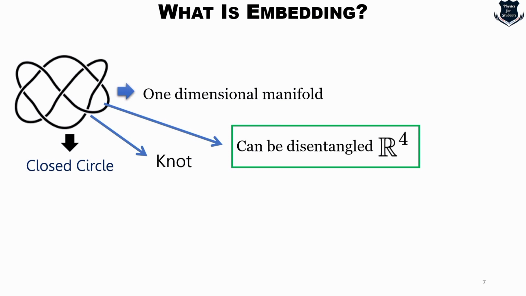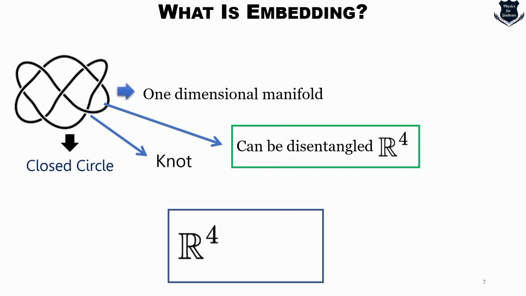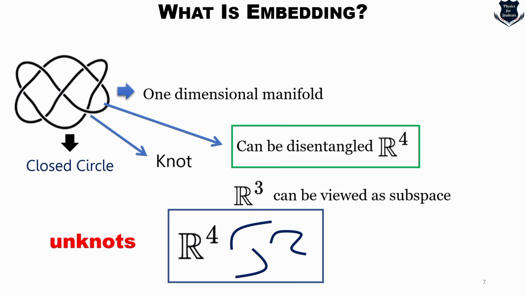So the knots become unknots, right? That means the problem disappears if we take that simple one-dimensional manifold into higher dimensions, and we can disentangle these knots in R4, with R3 viewed as a subspace.